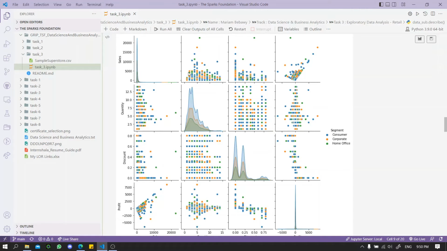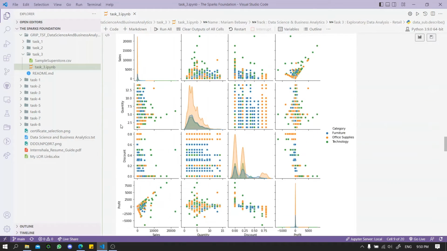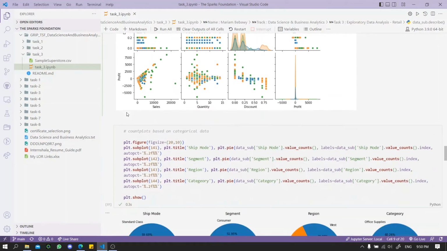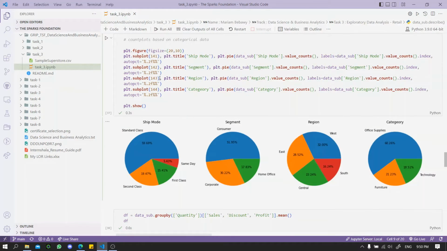But from this plot, we realized that no, we can't really distinguish stuff from each other, so we're just gonna have to let it go. We try again, but with another hue, which is the category values, but we still can't find a distinguishing factor between them.